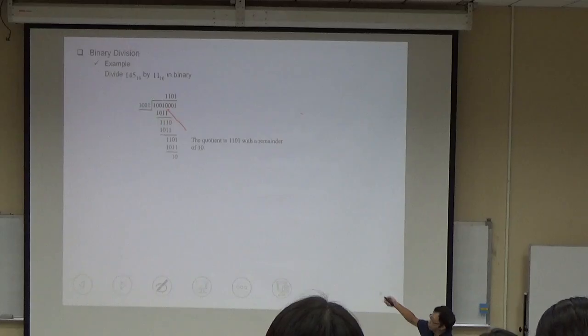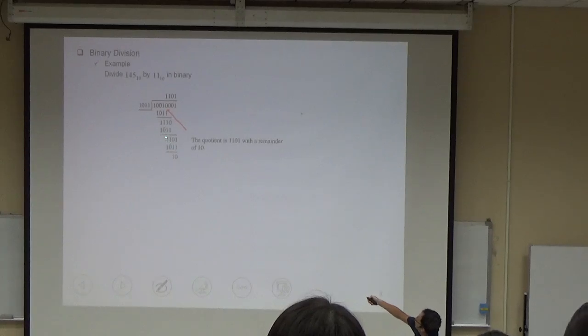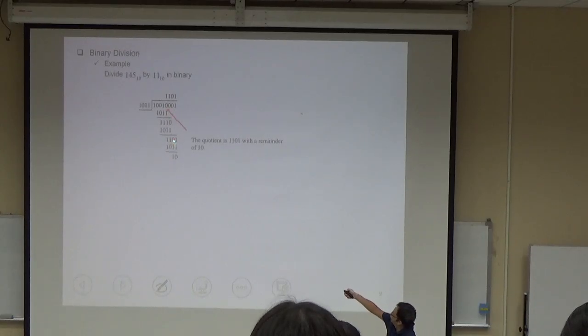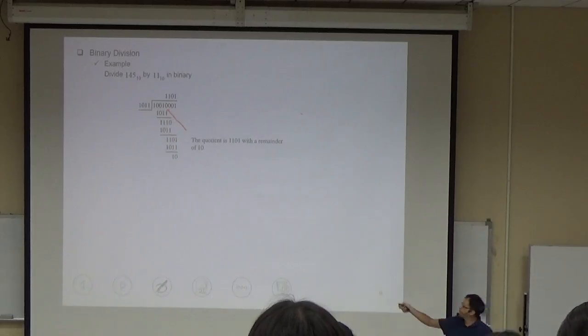And then these two numbers perform subtraction, obtain this 1, 1. Okay? And we bring down this 0 here, get 1, 1, 0. 1, 1, 0 is smaller than 1, 0, 1, 1. So the quotient right here is 0.